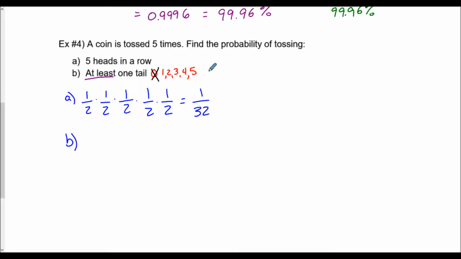We can't have the situation of all heads, which means we'd be taking 100% and subtracting the probability of them all being heads.